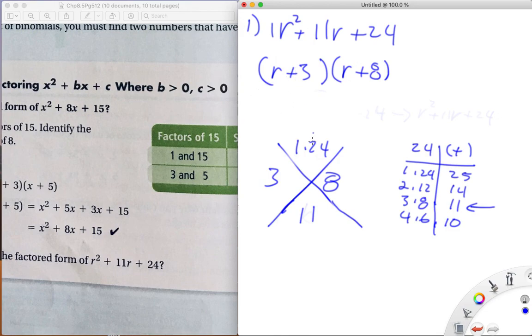And then you're probably wondering, well, why am I doing the 1 times 24? It's going to set us up for the next section when we have an actual variable coefficient in front of that squared term. So I've got to think of a number that when I multiply them, the a and the b term, it gives me 24, and then when I add them up, it's going to give me 11.